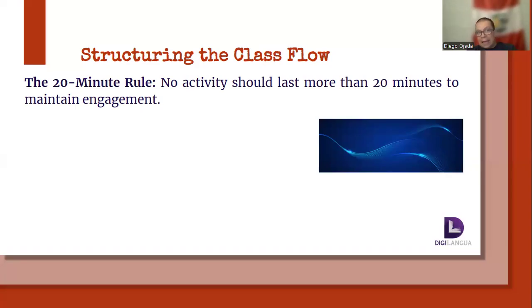Now, if it's a game that we play on the whiteboard, let's say Matamoscas, Fly Swatter, then easily 20 minutes, we survive 20 minutes with that kind of activity. Or if we do Avalanche, where they make lines in front of the board and take turns conjugating a verb.